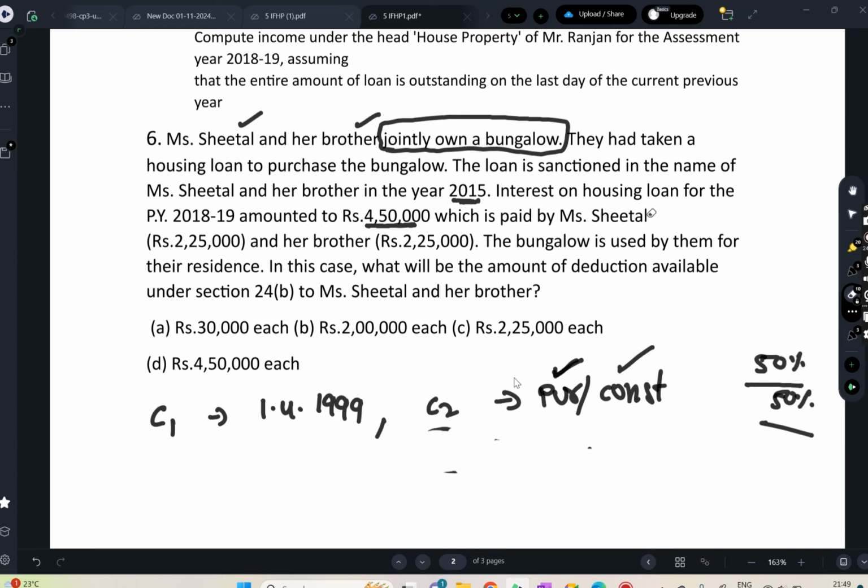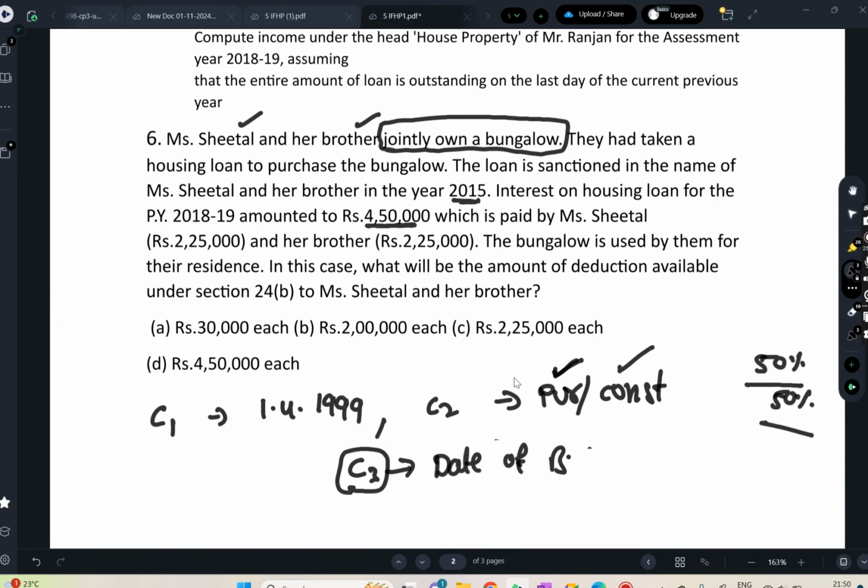Now how do we check whether he completed the construction within 5 years or not? You will get a certificate from the competent authority that your house is completed. So if all the conditions are satisfied, then only you can claim the interest on borrowed capital, or else you cannot claim. From the date of borrowing, within 5 years you should complete.